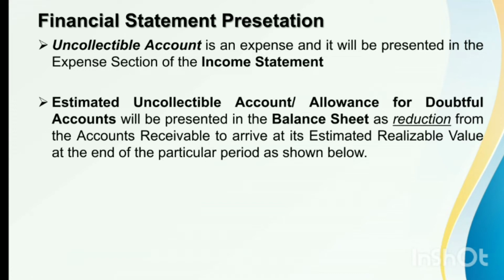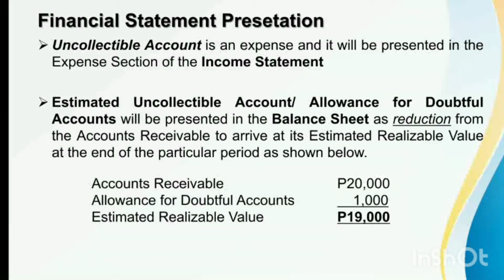So this is shown as follows. We have here the accounts receivable outstanding, 20,000 pesos, less the allowance for doubtful accounts, 1,000 pesos. So that is equal to estimated realizable value, 19,000 pesos.